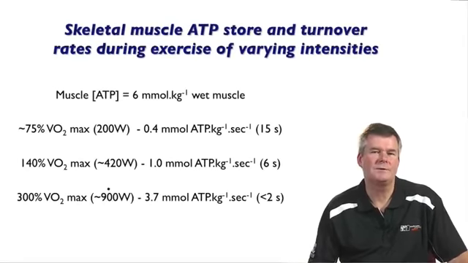If we turn our attention to how ATP is utilized during exercise, we need to just reflect on how in exercise science we express exercise intensity. And that's normally done relative to the maximal oxygen uptake. We'll come back to that concept in our third module on oxygen uptake.